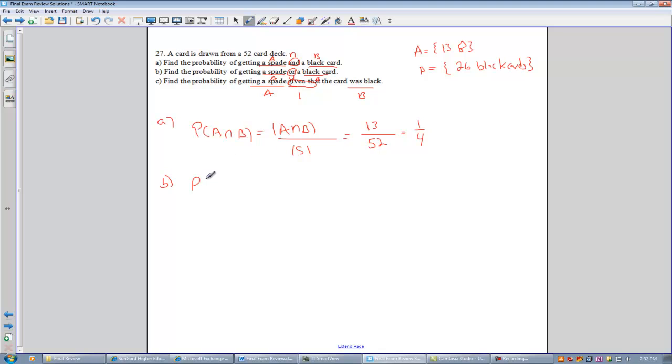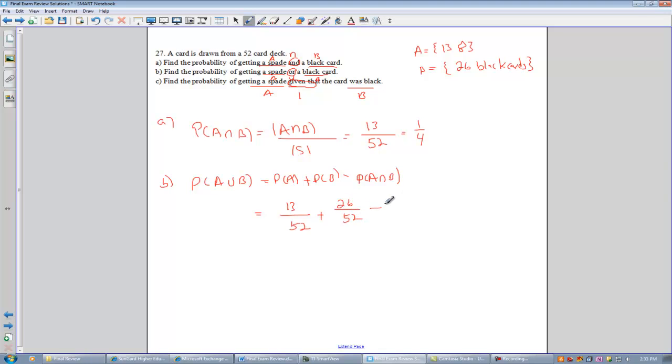Part B is the probability of drawing a spade or a black card. And remember, that's equal to P of A plus P of B minus P of A intersect B. And so the probability of drawing a spade is, of course, 13 over 52. There's only 13 spades. Plus the probability of drawing a black card, which is 26 over 52 because half the deck is black.